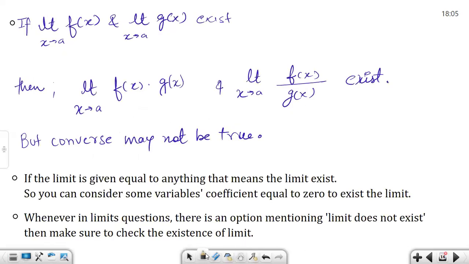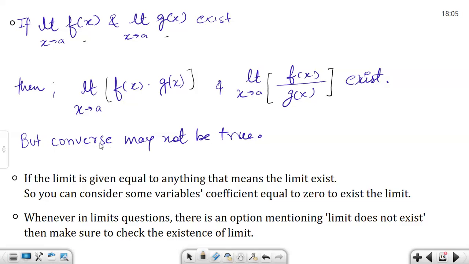So let's now focus on these properties. If there are functions f(x) and g(x), and their limits exist individually, then the limit of their product will also exist, and if you divide them, the limit of the division will also exist. But the converse may not be true.